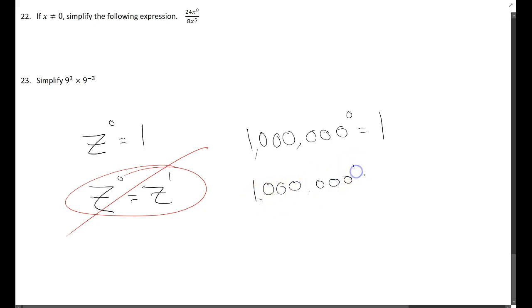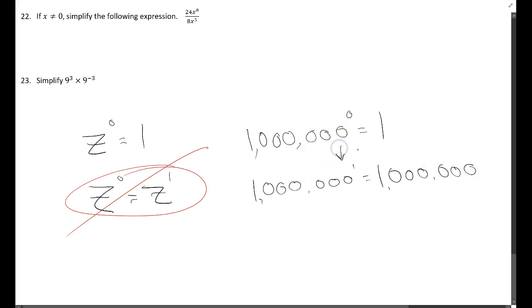Here's why. Let's say Z were actually 1,000,000. 1,000,000 to the 0 power is equal to 1. 1,000,000 to the first power is equal to 1,000,000.